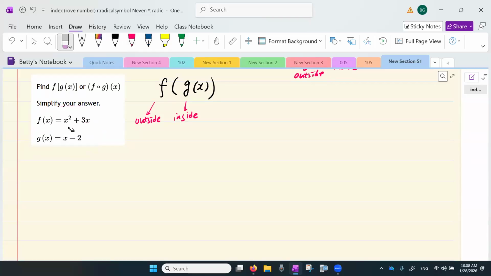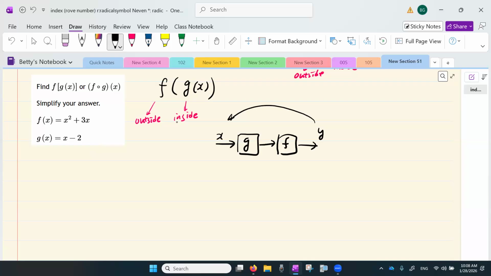But we want to know, after we compose the two functions together, putting the two machines together, G first, G inside, F outside, how the output depends on the input. We want to find the equation that connects the output of the composite function with the input. This one is different from the previous problem because the previous problem gave you a specific value for the input.